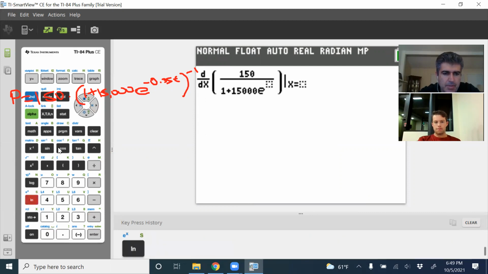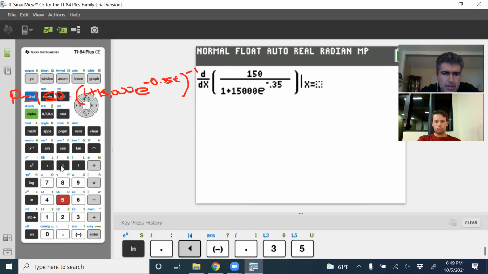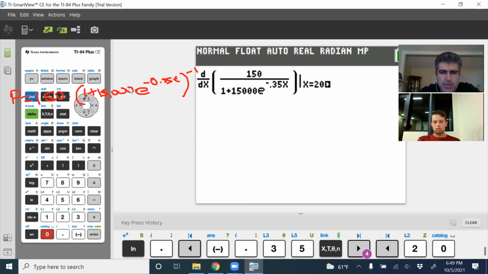You don't need to do it times negative 0.35 x. And then we're going to type in 20. I don't need to do the -1 power because I already put it as a fraction. Really, what's happening is a division, 150 over all that chunk. Now if I hit enter.